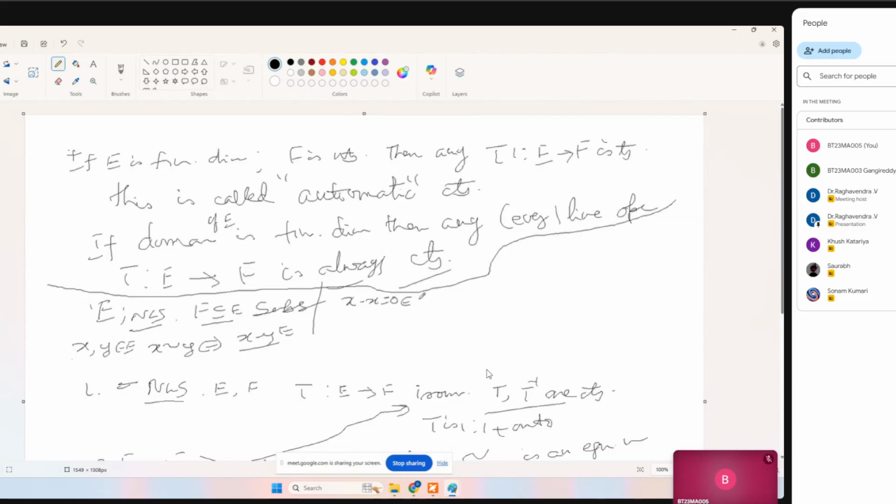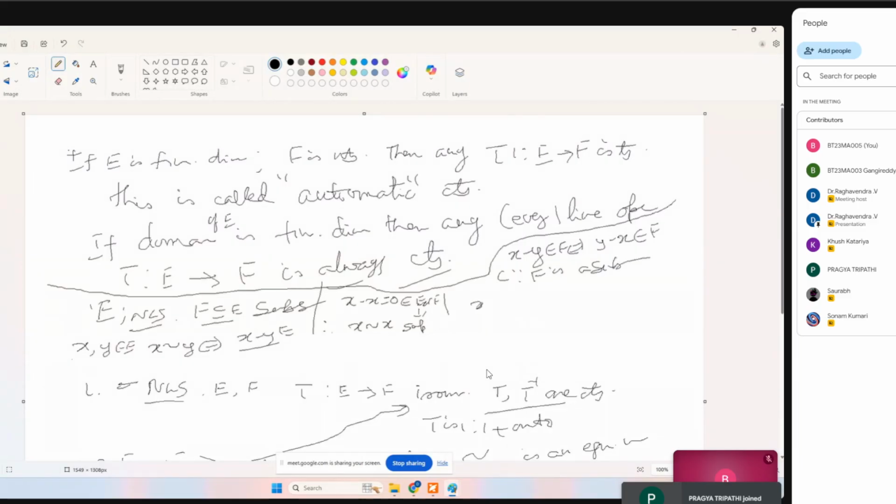It will be in F. Therefore, x is related to x. Why? Because it's a subspace. Next, x minus y in F implies that y minus x is in F. That's obvious, because F is a subspace. Therefore, this relation is symmetric.